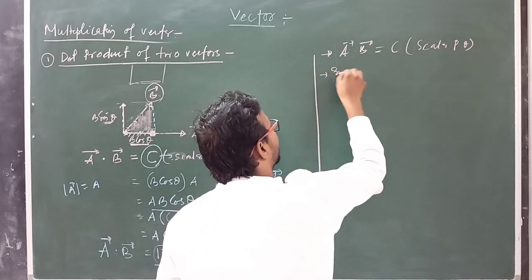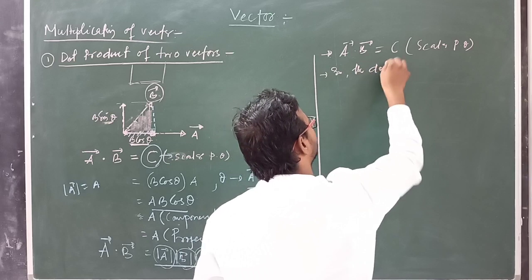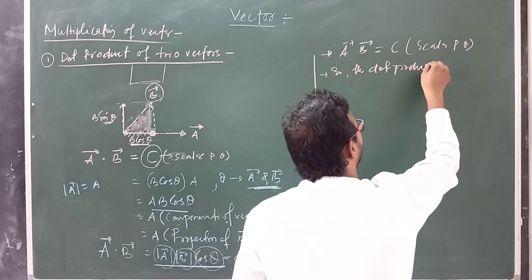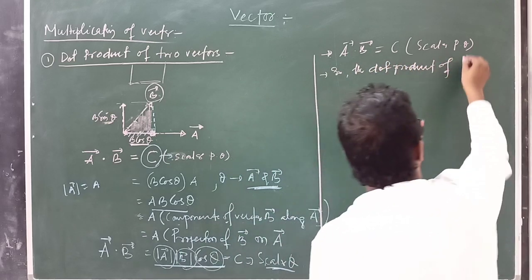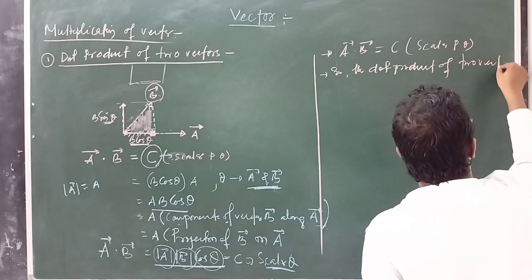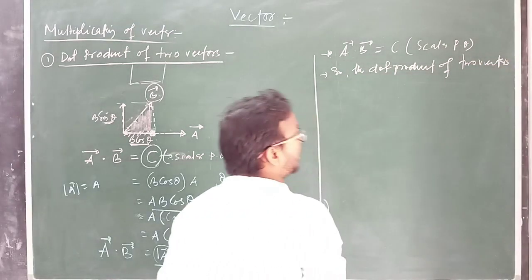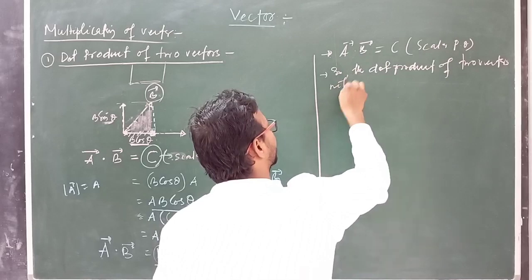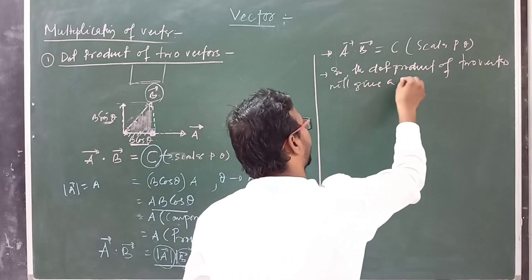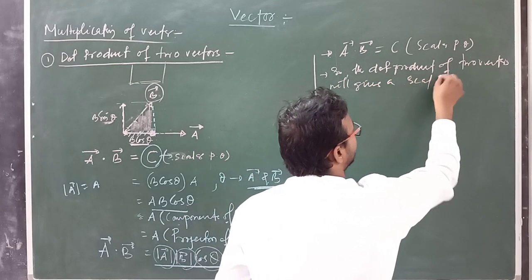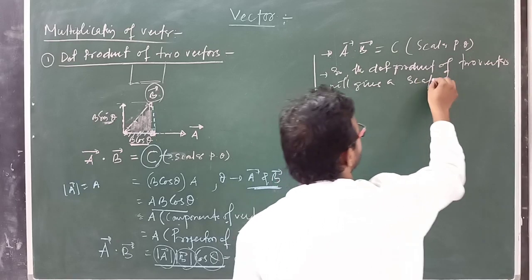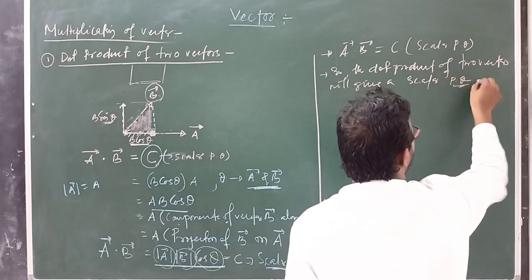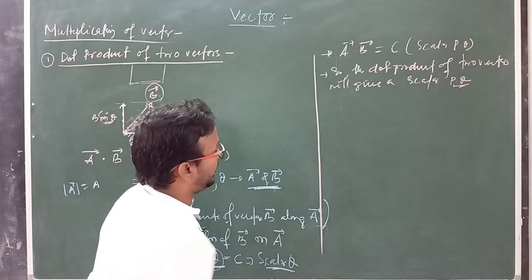Clear? So the dot product of two vectors will give a scalar physical quantity.